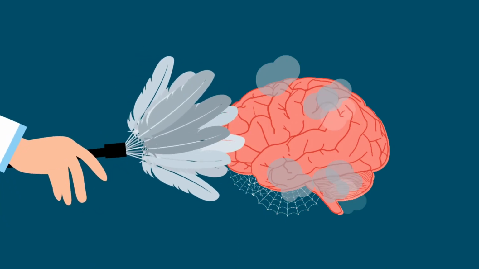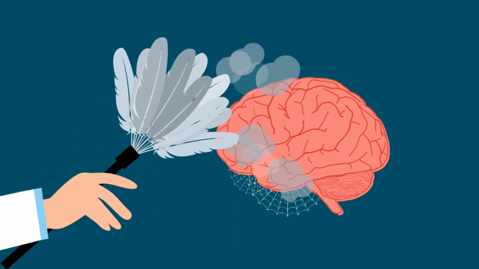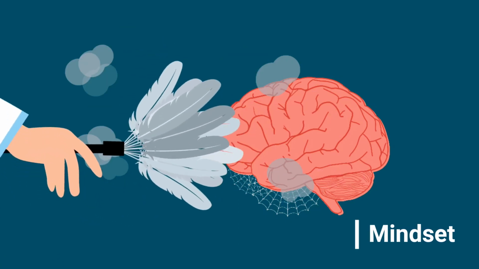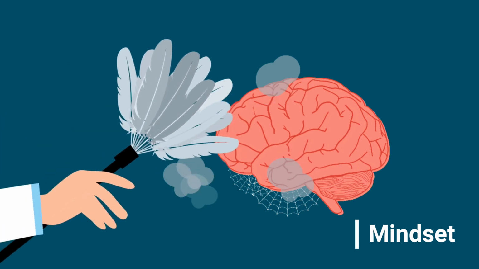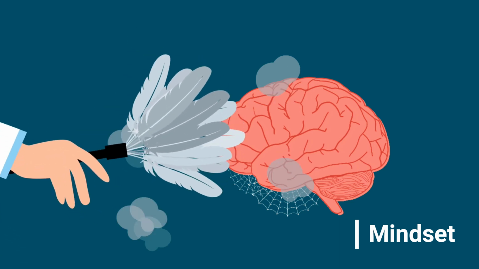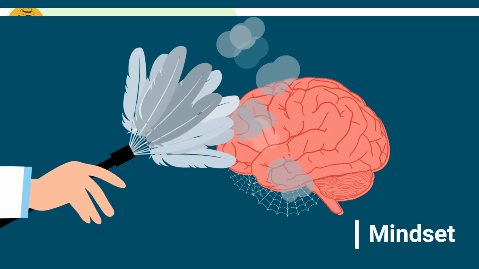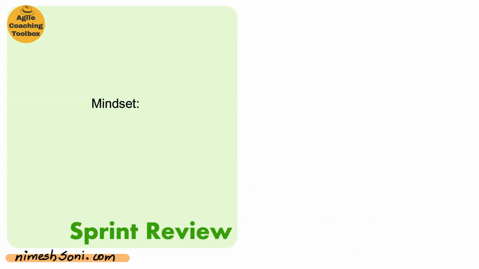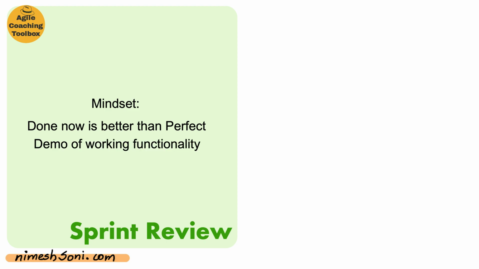All right, one important aspect of these events that we should not miss, and that is the mindset. So let's look at what should be the right mindset going into these events. Going into the sprint review, the mindset should be done now is better than perfect. We want to show them working software, not just the documentation. There is no place for PowerPoint in sprint review.